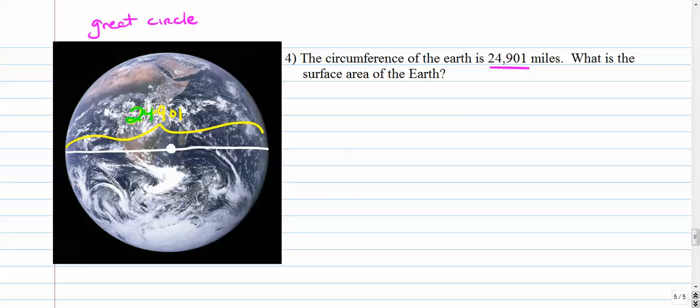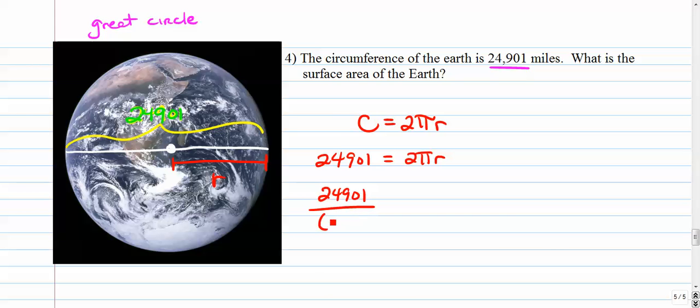Our job then is to calculate the radius. So we need to figure out the radius of our Earth. We know that circumference is equal to 2 pi r. Circumference is given. So to find the radius, you just divide 24,901 by 2 pi.